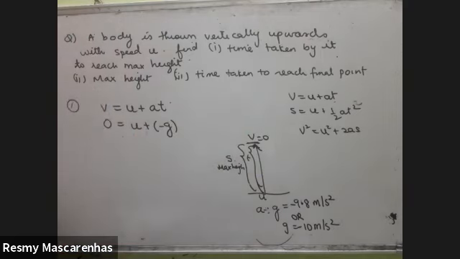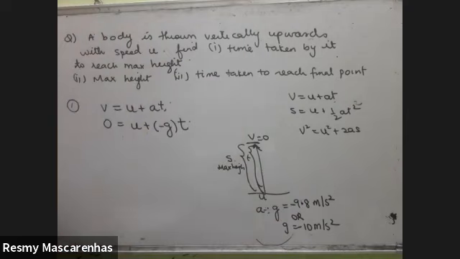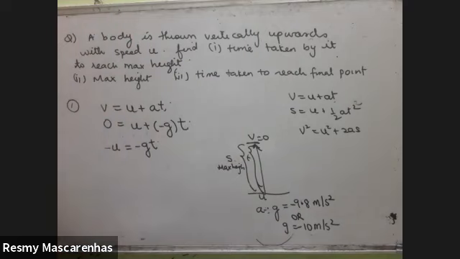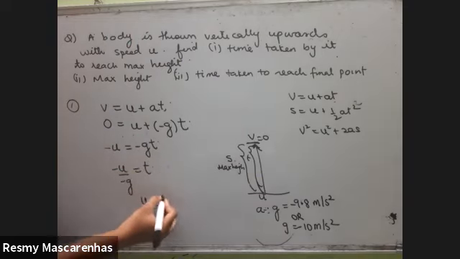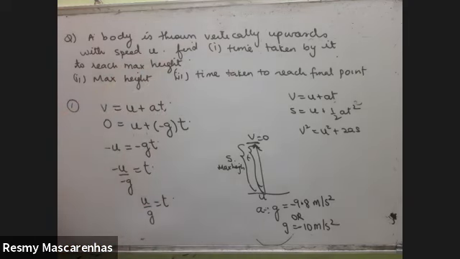We only want to understand the formula for time, and time is what we have to calculate. So u you take on the other side, it will be minus u, and then g you bring here. So t equals u upon g is the time taken to reach the maximum height.